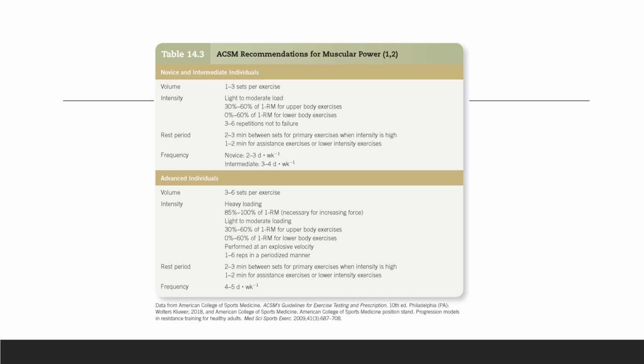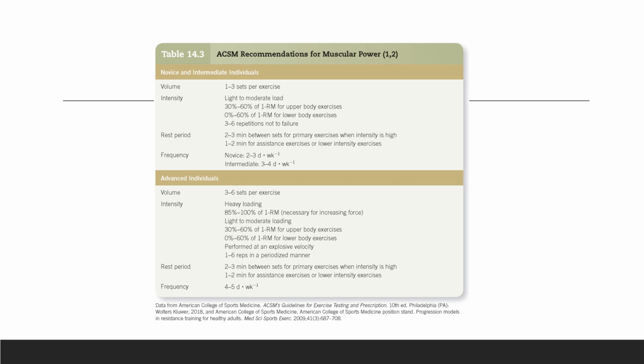And typically for novice, you're going to do about 2 to 3 days per week, and intermediate about 3 to 4. For more advanced individuals, they'll do 3 to 6 sets per exercise with heavy loading. They can do 85 to 100% of the 1RM. If they're doing light to moderate loading, it would be 30 to 60% for upper body or 0 to 60% for the lower body. And really the focus is to work on explosive velocity.